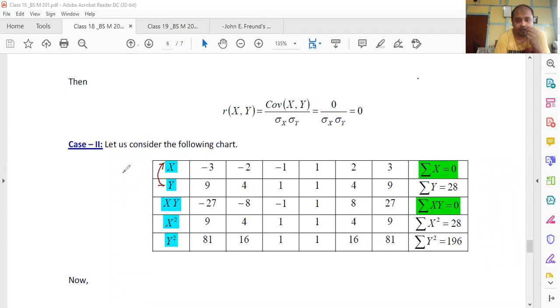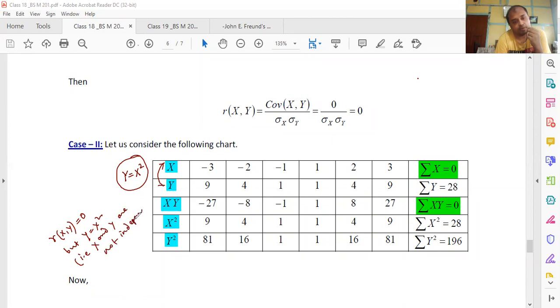If you look carefully, I have represented the values of y as x squared. Minus 3 whole squared gives 9, minus 2 whole squared gives 4, and so on. So there is a relationship between them, but the correlation coefficient between them is 0. So rxy is 0 here, but y equals x squared, and x and y are not independent.